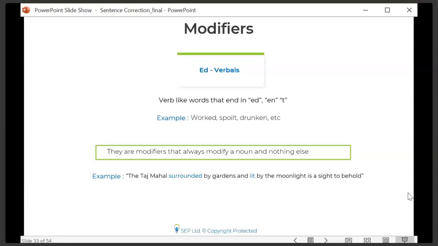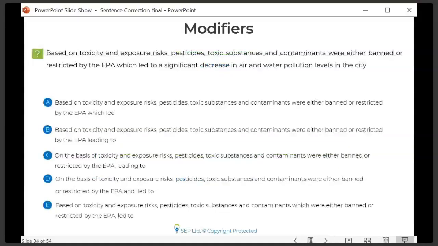If an ed verbal is modifying the verb of a sentence, it is an error. Okay, so with that takeaway, here is the full length question for you. All the best, guys. Give it a stab, take your time, go slow, divide your sentence, understand the meaning, understand the role, and then only choose wisely. Remember to spend time on the original sentence, understanding the intended meaning. Good luck.